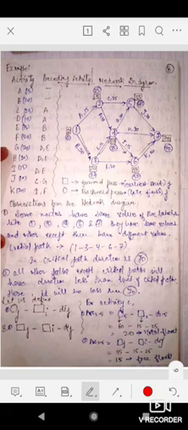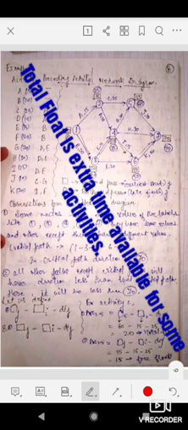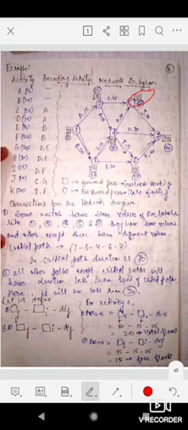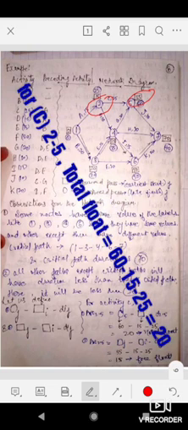Now, one more thing is free float. What is free float? In free float, we take the value inside the square at the forward node, like node 5, which is 55, minus the value of the square at the backward node, here it is 15, and minus the activity duration Dij, 25 days. 55 minus 15 minus 25 will be 15.